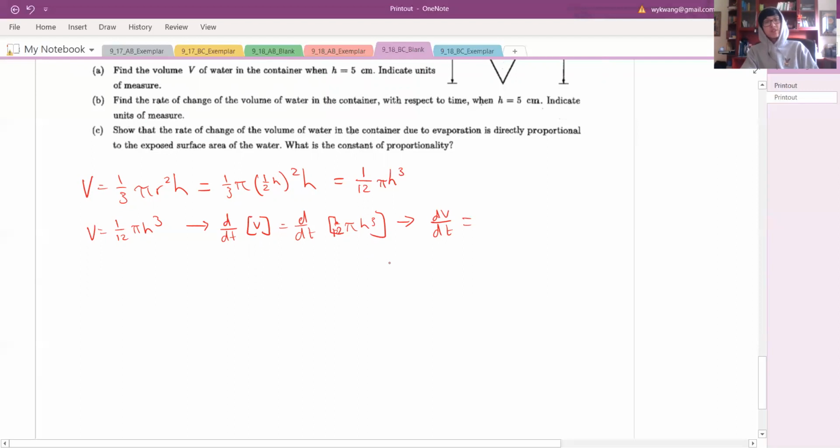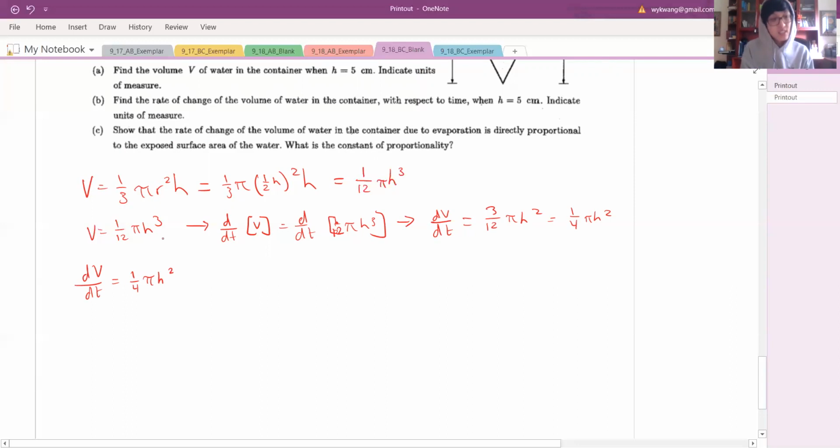Now there's only one variable, there's just h. So now we're really just doing our power rule. Let's bring down the 3. So 3 over 12 pi h squared is equal to 1/4 pi h squared. So dV over dt, made it abundantly clear, is equal to 1/4 pi h squared.